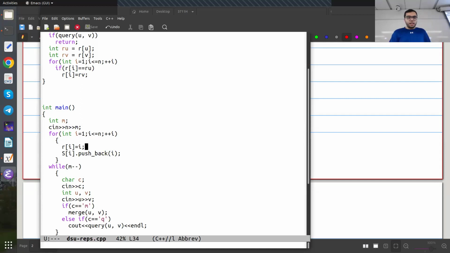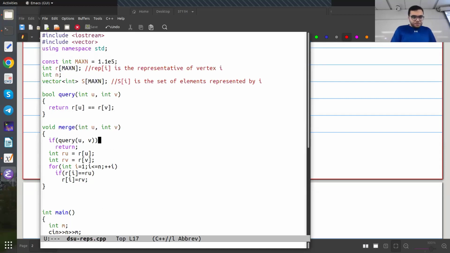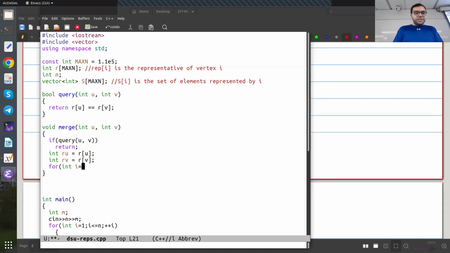Okay. Now, what's happening here? So when I'm doing the merge, of course, I first do the query, that's fine. Then I'm finding the representative of each of these vertices, RU and RV. And then, instead of saying go over all of the vertices and see if they're represented by RU, I know exactly which vertices are represented by RU, all the vertices in S of RU.